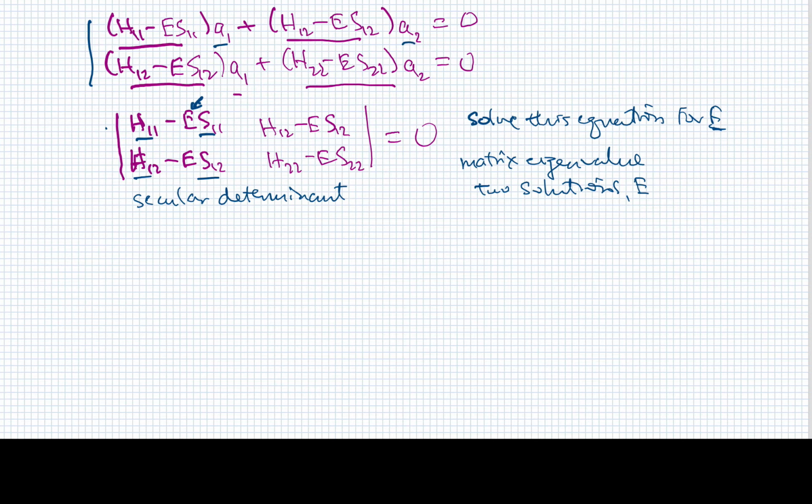In other words, we're going to get 2 different trial functions. One which is the first solution times phi1 plus the first solution of this times phi2, and another which would be the second solution from the eigenvalue equation.